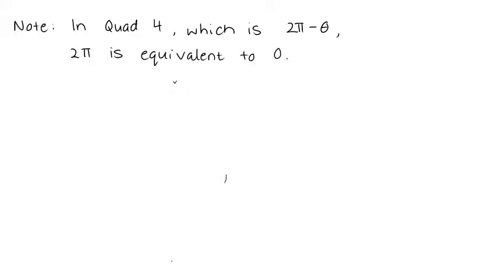So therefore, 2 pi minus theta is the same as negative theta.